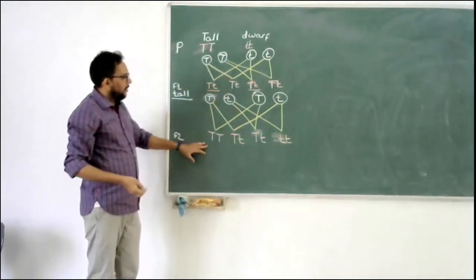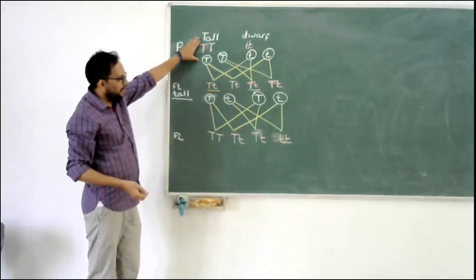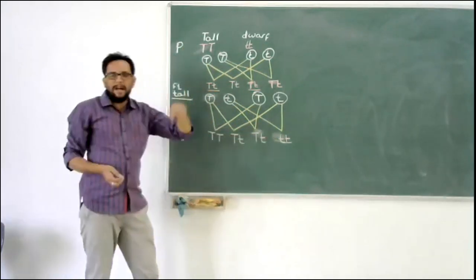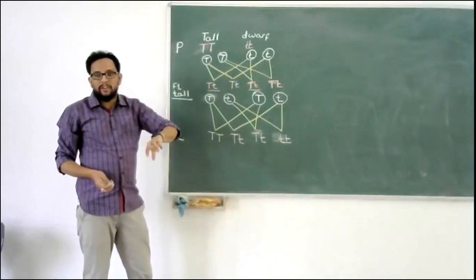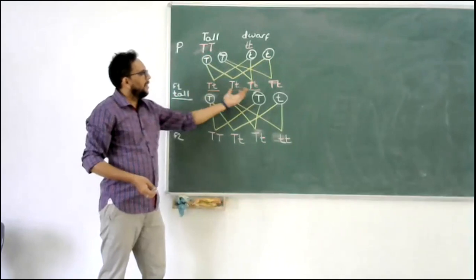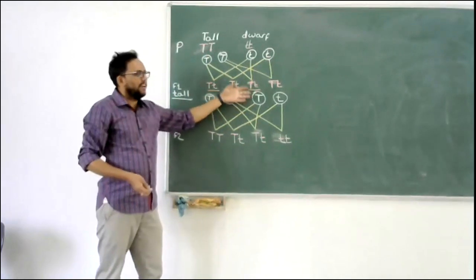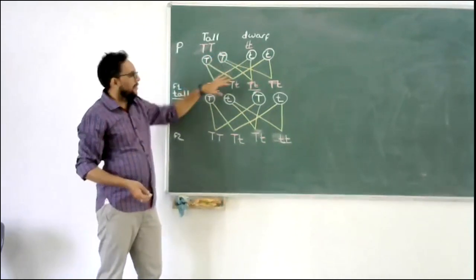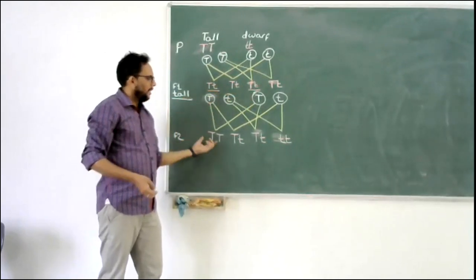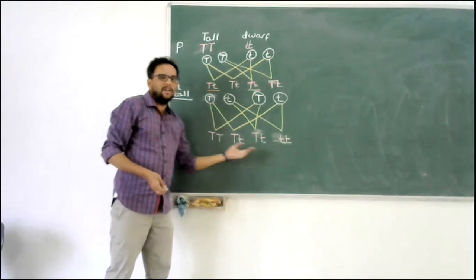So if you look, the parent generation had these two phenotypes, which are coming back in the alternate generation. Let's assume these two were the individuals generated by these parents, and when they were crossbred or interbred with each other, they will have exactly the same possibility of combination.